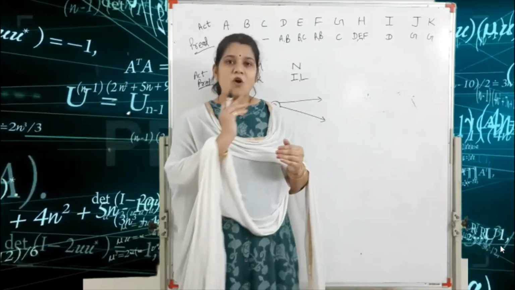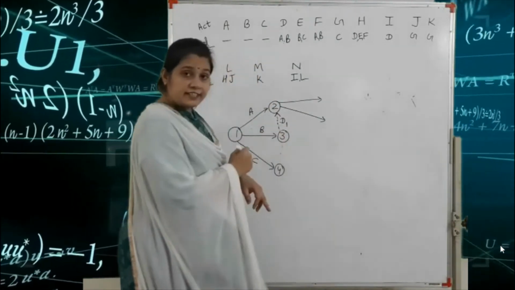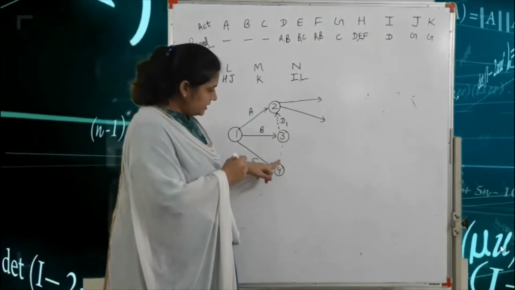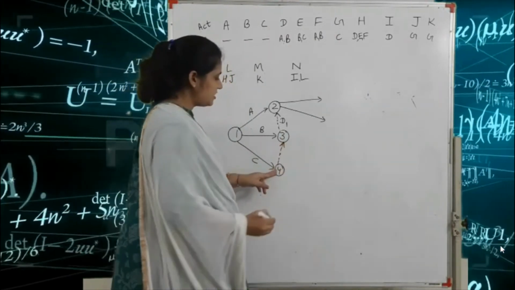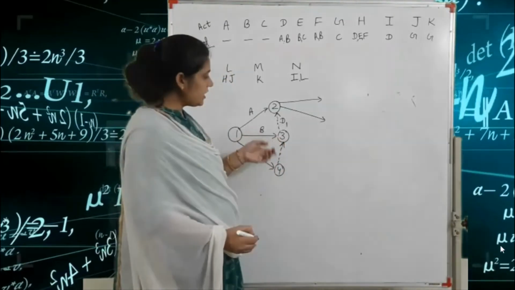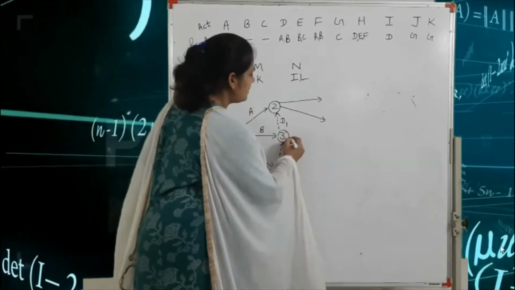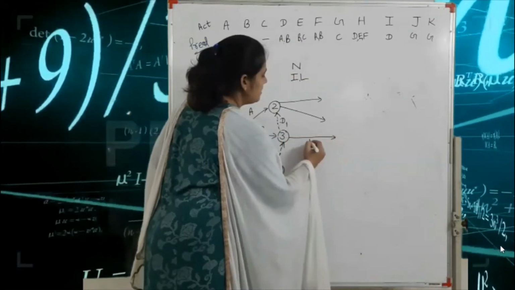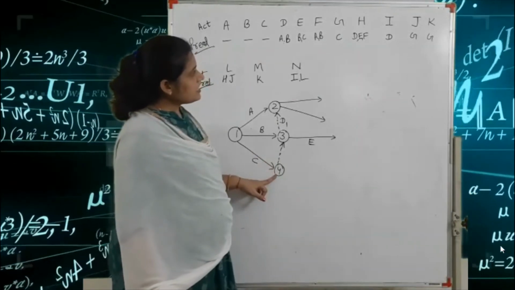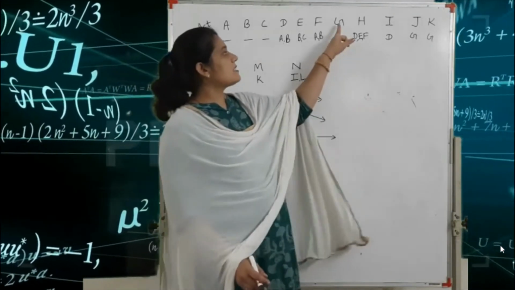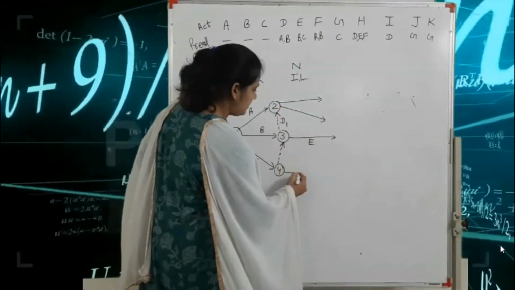Here we draw the G activity, then the B and C merge event, and the direction is C to B. When B and C are completed, then we start the E activity, so here we write the E activity. When C activity is completed, then the G activity starts, so we write the G activity here.